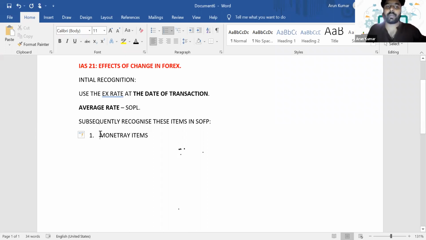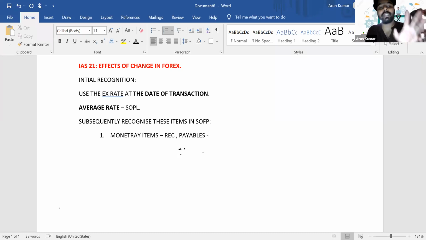Just tell me what do you mean by monetary items, guys? Yes, yes. Can you reply in the chat? Items which have a definite value, such as receivables and payables.